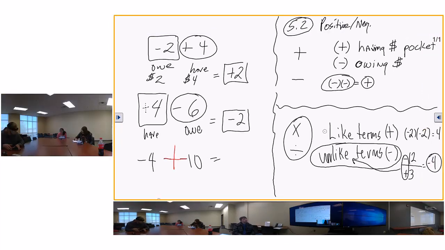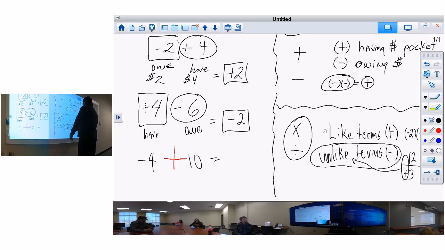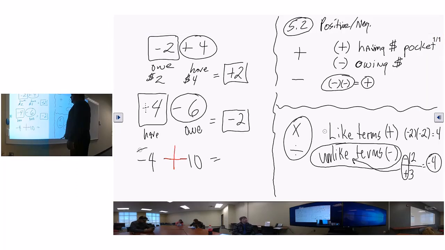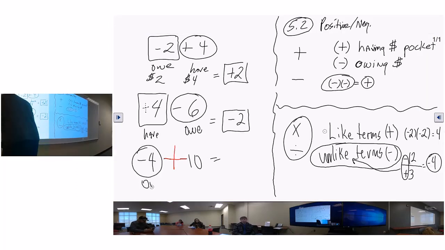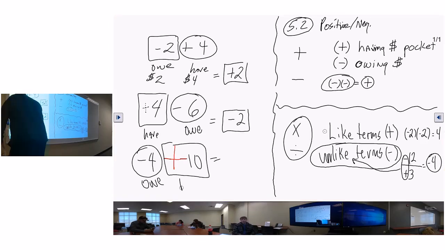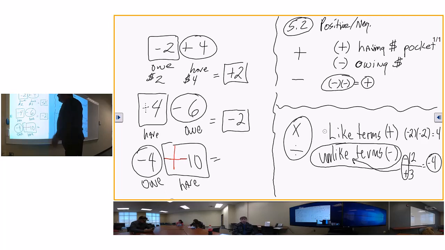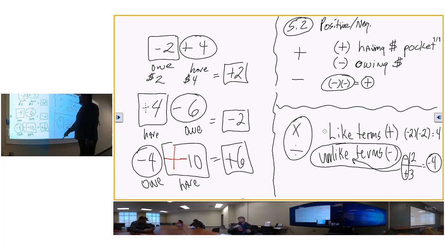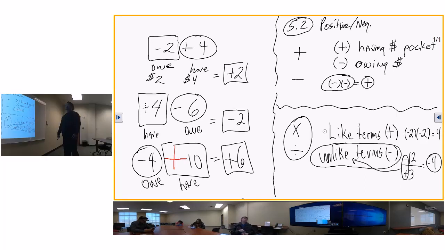And now I've got negative 4 plus 10. You owe $4, and you have $10. What's the outcome of owing 4 and having 10? You have 6. Now, I'm not no rocket scientist, but I have no earthly idea how else to explain it.